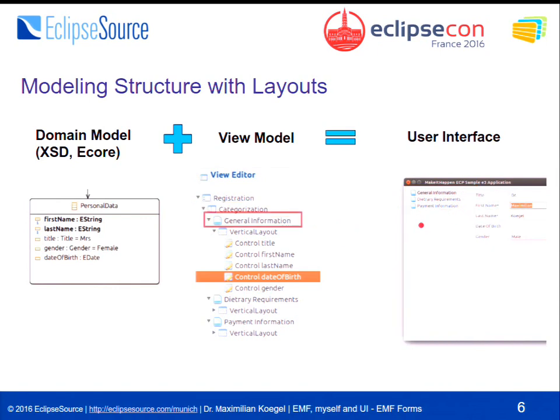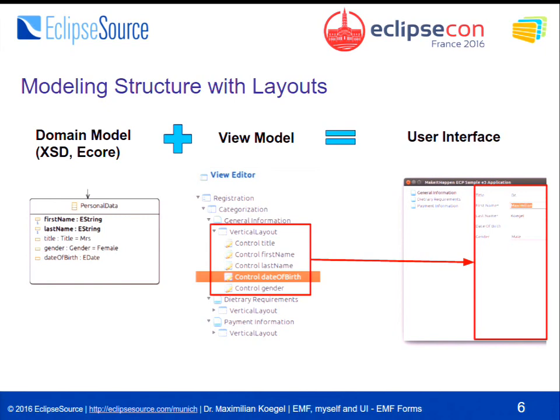And if we look at the children of that categorization, we have general information as a child, and that maps to one entry in the tree. We have dietary requirements as a child, which maps to another entry. Then within the entries, if I select one of the entries, I somehow need to define what happens on the right-hand side once I select this. What is the detail pane for that?